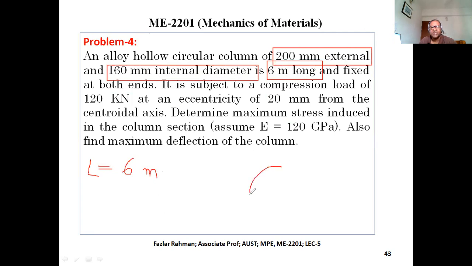The column is circular but hollow, so the outside diameter is given and the inside diameter is given.